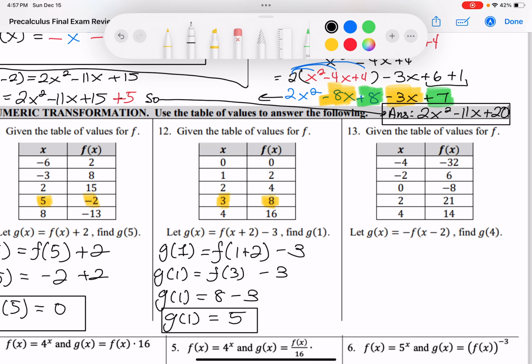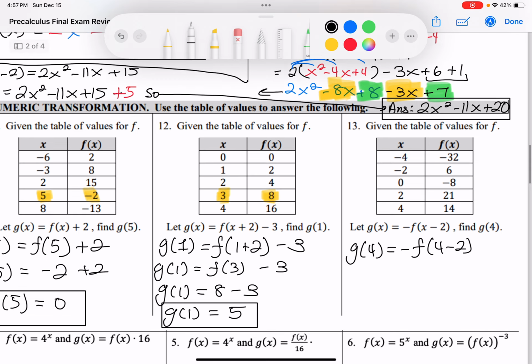And last but not least, same thing for number 13. We want to find g of 4. So g of 4 is going to equal negative f of 4 minus 2. G of 4 equals negative f of 4 minus 2, which is 2.